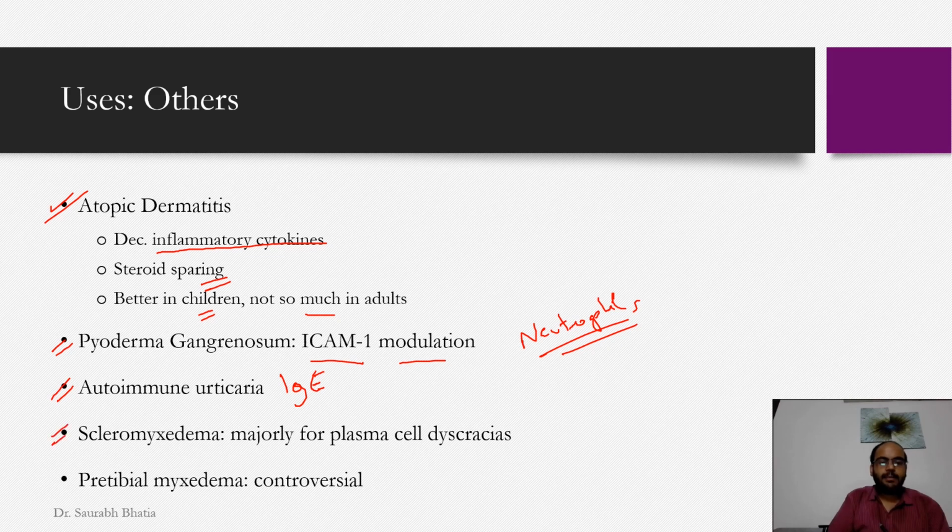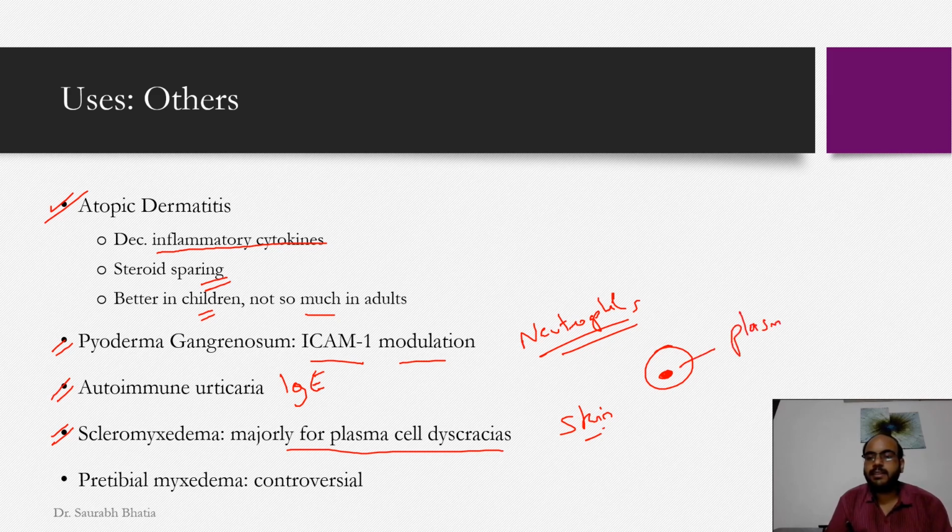In scleromyxedema, majorly for plasma cell dyscrasias, see, the skin also benefits in scleromyxedema. Okay, the skin benefits. But when you have B cell dysfunction causing plasma cell dyscrasias, an increased amount of autoantibodies or immunoglobulins is being formed by plasma cells, and that is known as plasma cell dyscrasia.